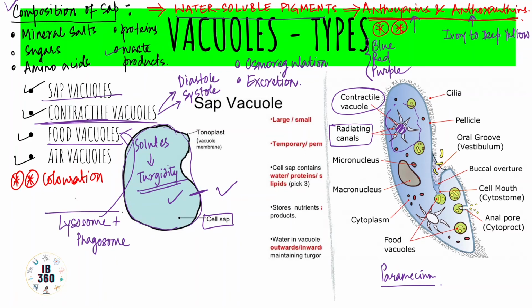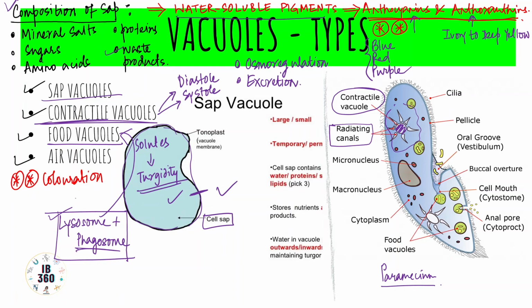Phagosomes are formed when the cell is taking in food particles, through the cell eating process. And lysosomes contain the hydrolytic enzymes which are used to digest these food particles. So inside a food vacuole, quite obviously, digestion is performed, and the digested materials pass out into the surrounding cytoplasm.